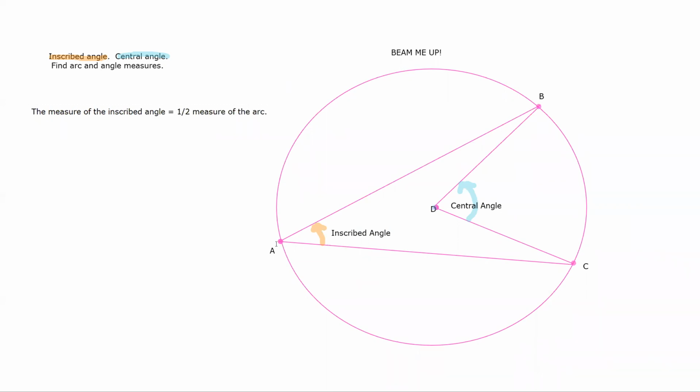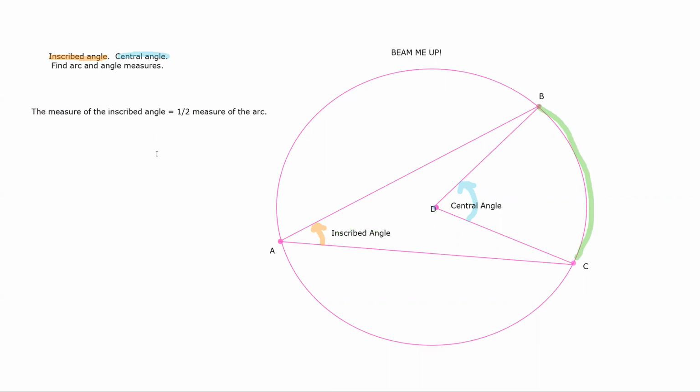So the measure of angle A equals 1/2 the measure of arc BC. You see that arc that it makes right out here? The measure of that angle is 1/2 the measure of that arc.